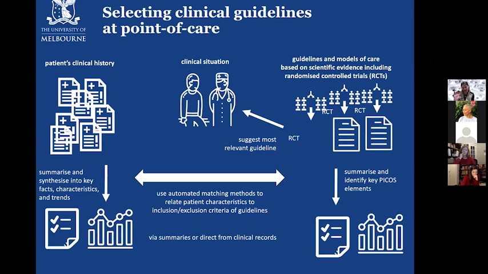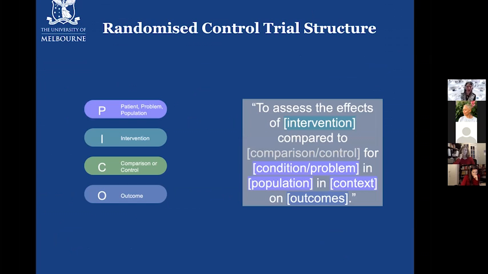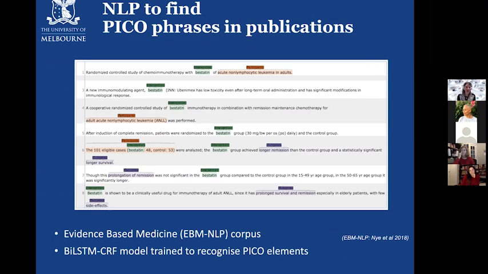And just to close the loop on that, we're actually also working on the literature side of things. So how can we connect the phenotypic and observational characterization of patients with what's in those randomized controlled trials and systematic reviews that are described in the literature.